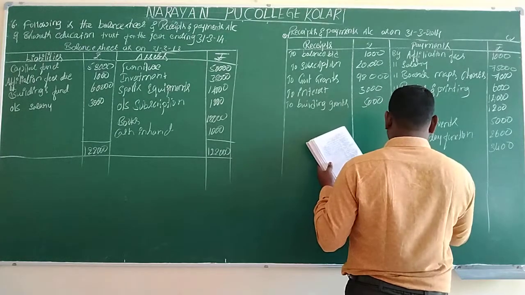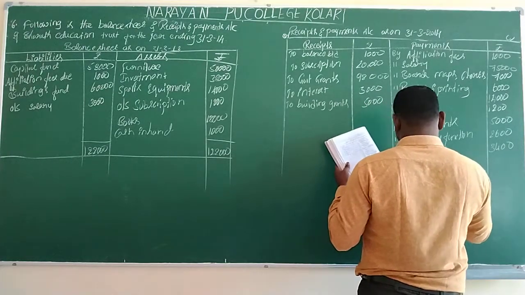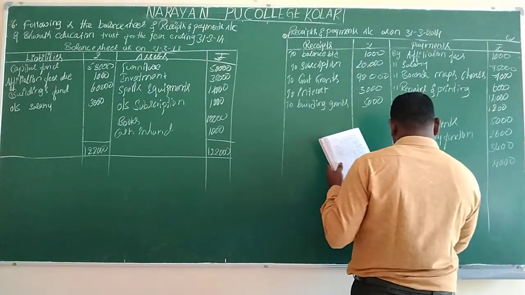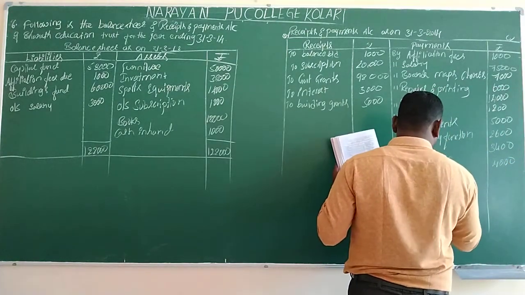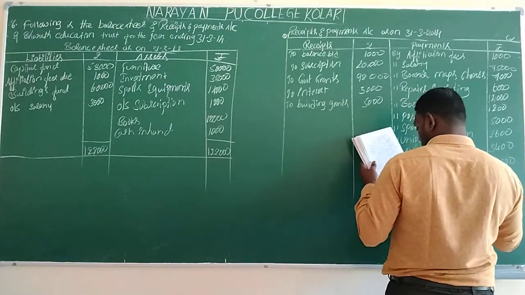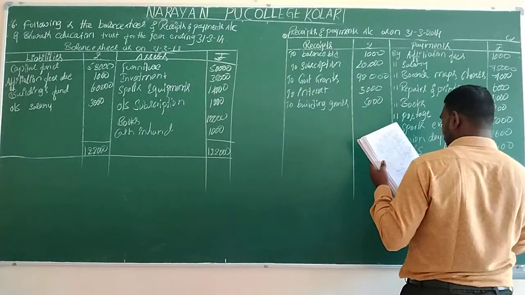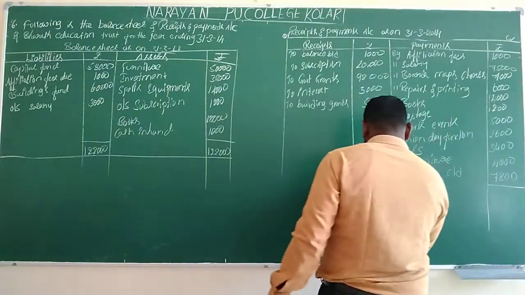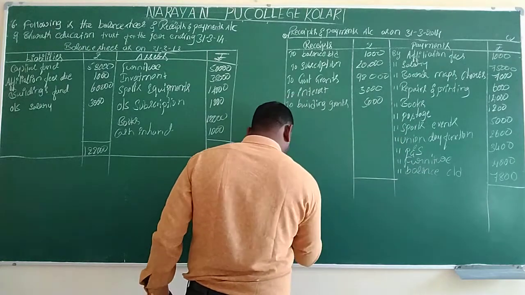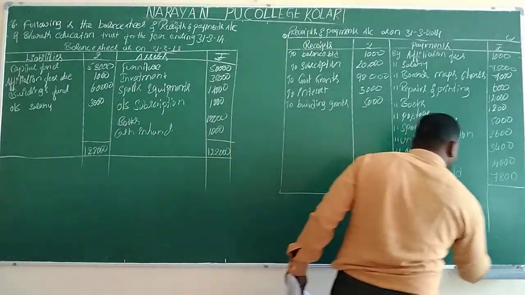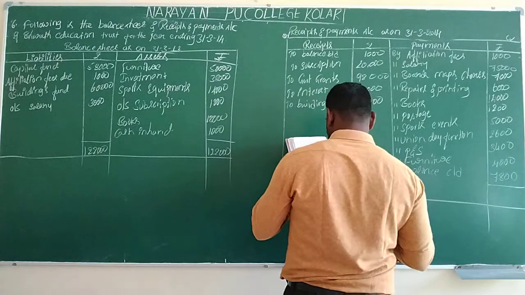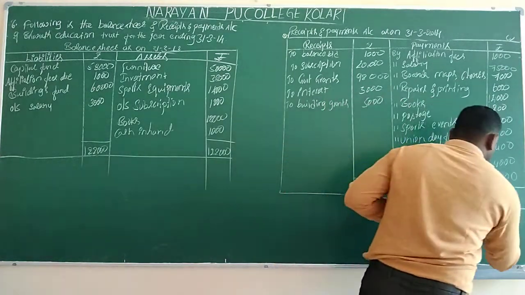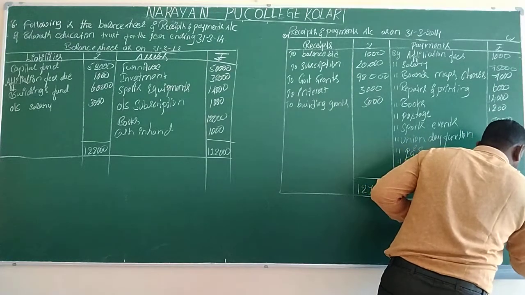By furniture 4,000. By balance carried down. Total of receipts and payments amount is 1,27,000.